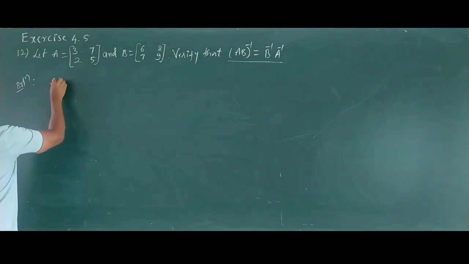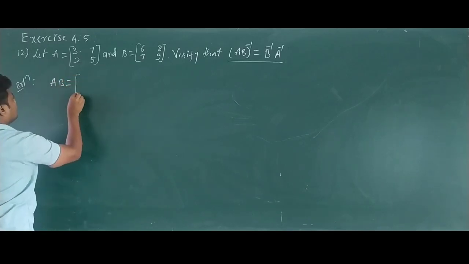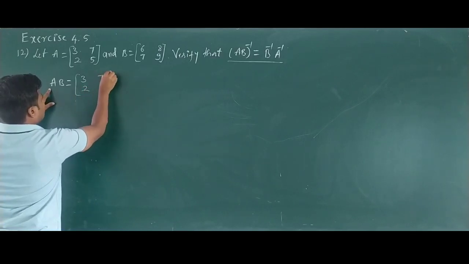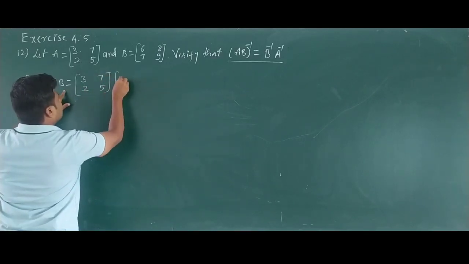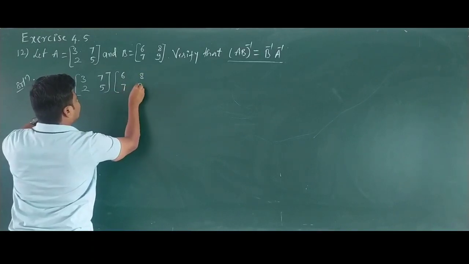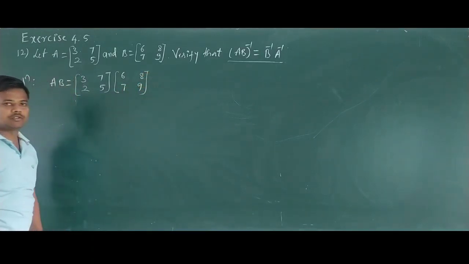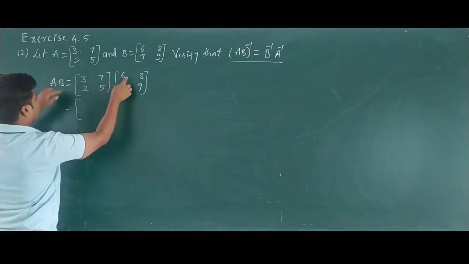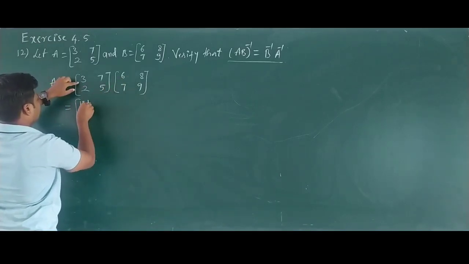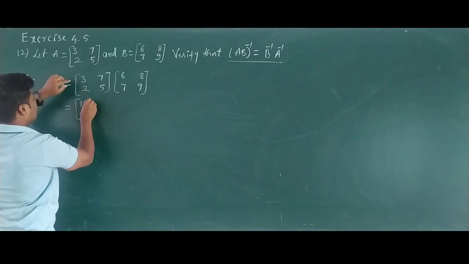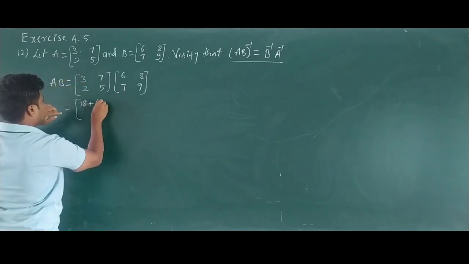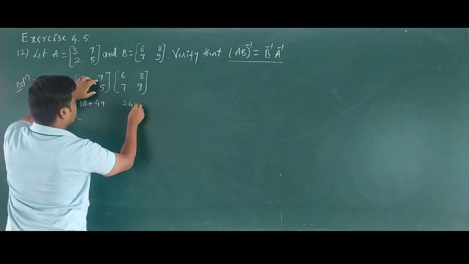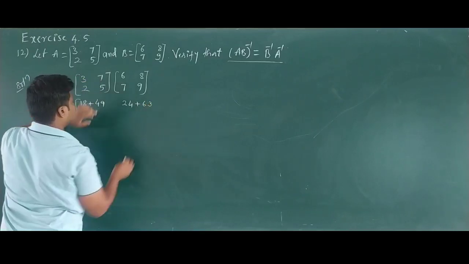First find AB. So matrix A is 3, 7, 2, 5 and B is 6, 8, 7, 9. So matrix multiplication: 3 into 6 is 18 plus 7 into 7, 49. Next, 24, 63.